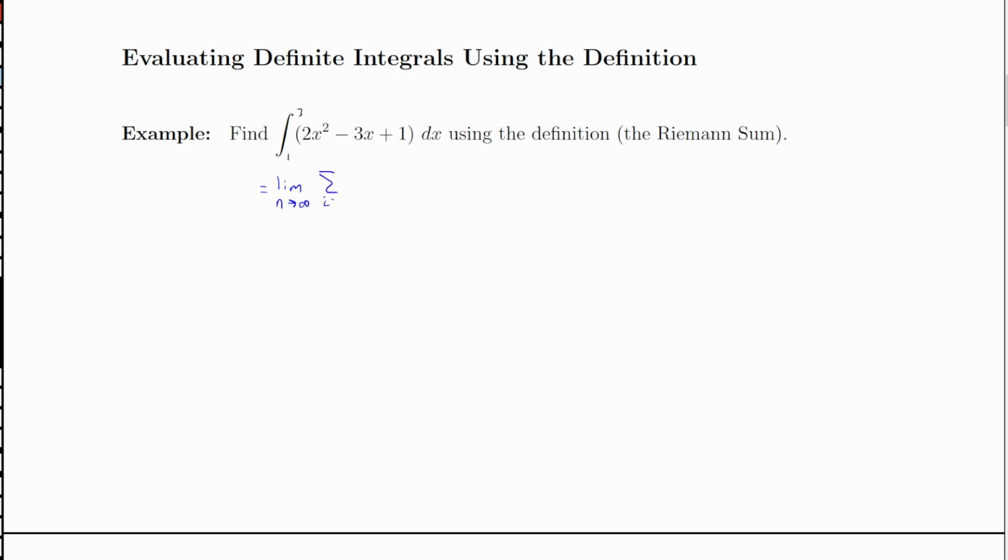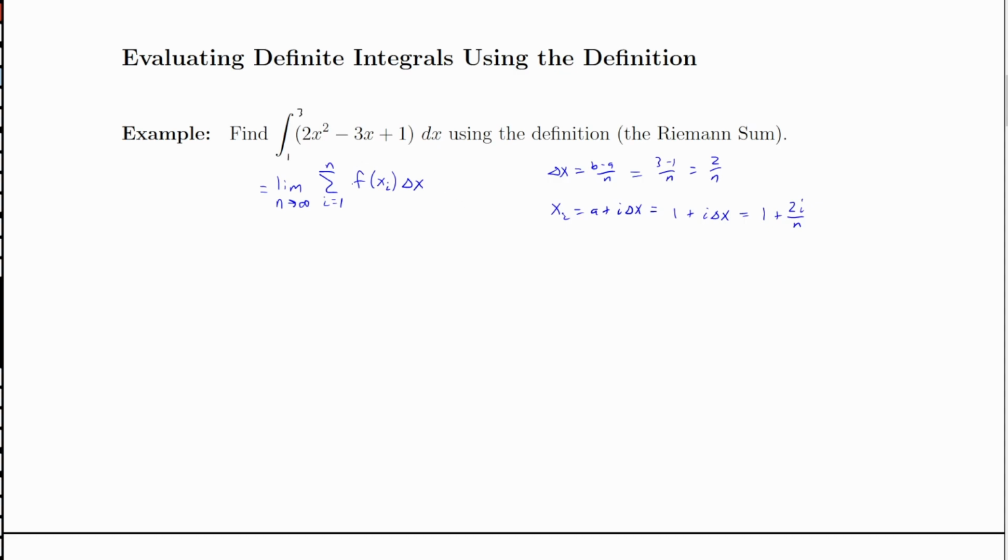So we have the limit as n goes to infinity of the sum from i equals 1 to n of f of xi delta x, where delta x is (b minus a) over n, which for this example would be (3 minus 1) over n, or 2 over n, and xi is a plus i delta x, which is 1 plus i delta x. Delta x is 2 over n, so this is 1 plus 2i over n.